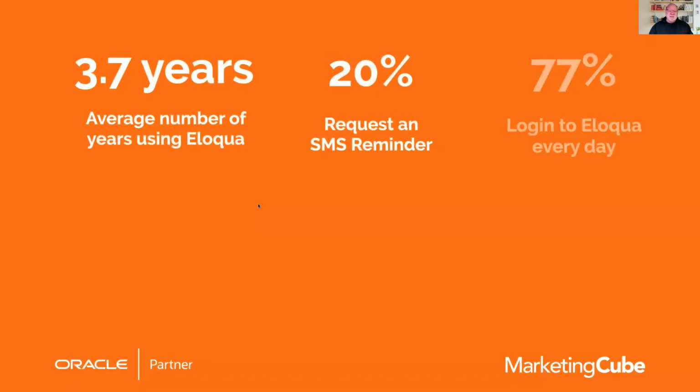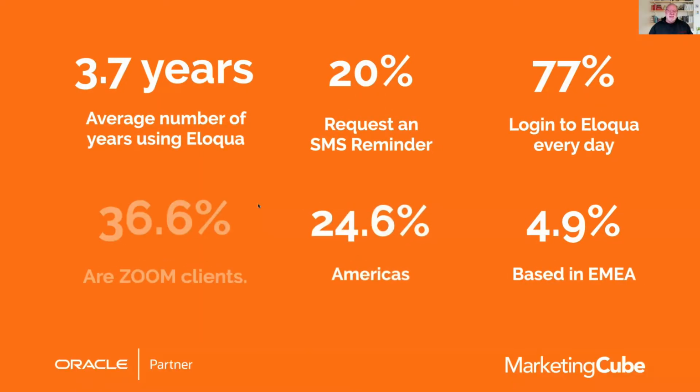Just wanted to share some stats with you. I thought we had a considerable number of people register for this topic this month. You realize there are obviously a range of questions we ask people when they register for the user group each month. On average, people attending the user group have been Eloqua users for around 3.7 years. It varies from as little as 2 or 3 months through to 10 plus years, by the way. But on average for this month, we're looking at around 3.7 years.